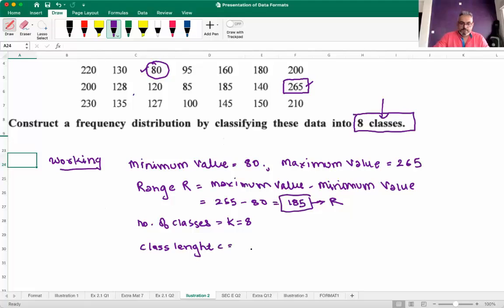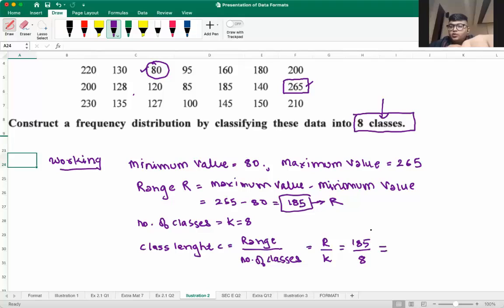Class length C is equal to range divided by number of classes, which is equal to range is R, number of classes is K, which is equal to 185 upon number of classes 8. 185 by 8 is 23.125.